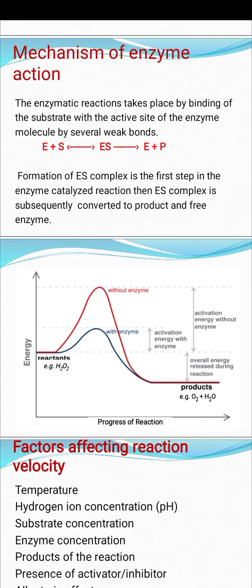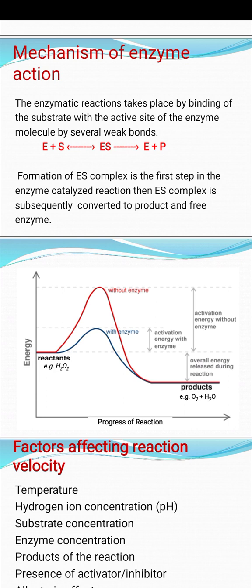Look at this graph. It has two lines, a red line and a blue line. The blue line is the reaction done with the enzyme, and the red line is the reaction done without the enzyme. Reactions without enzymes need more energy to complete.